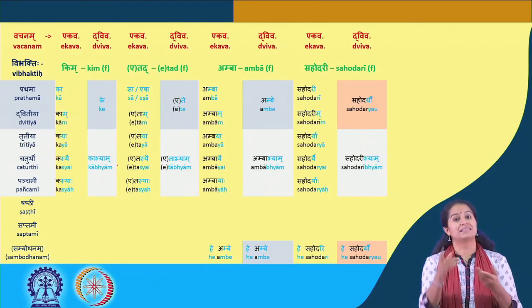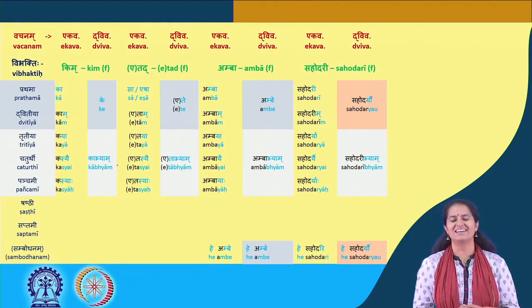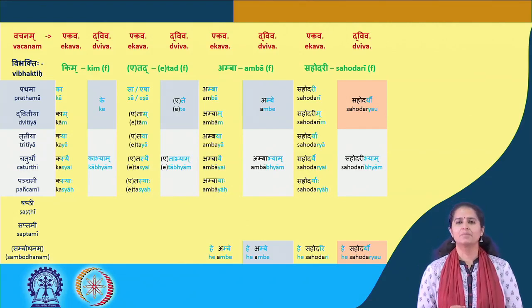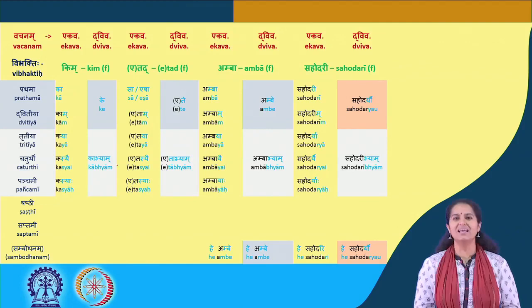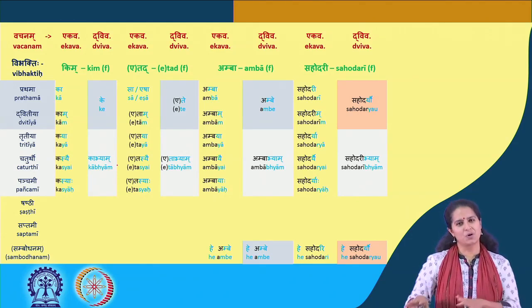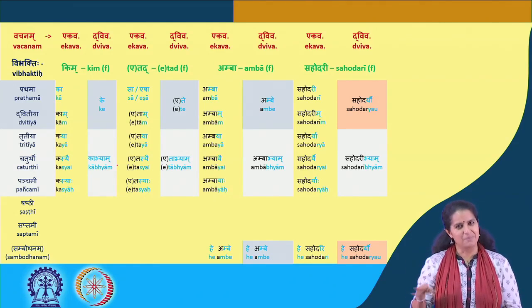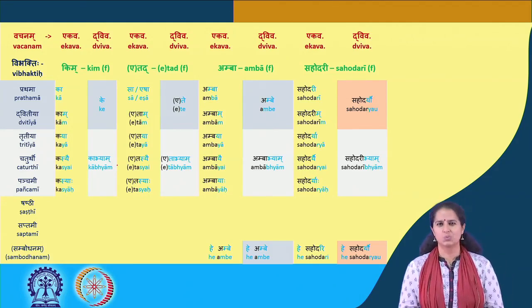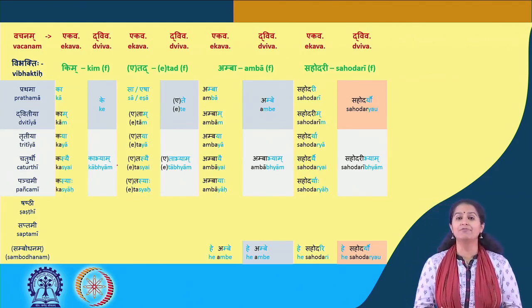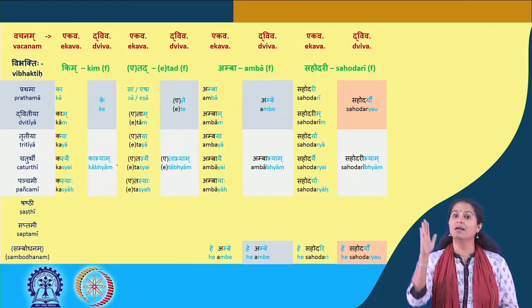That will be tasyaha ambayaha swikaroti. For the ikara, it becomes tasyaha sahodaryaha swikaroti.